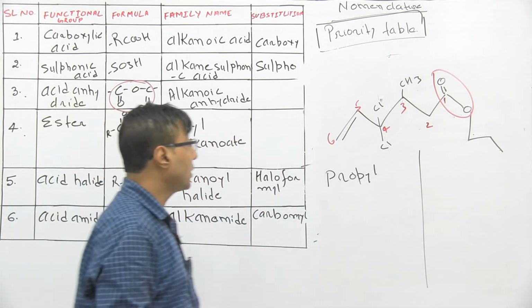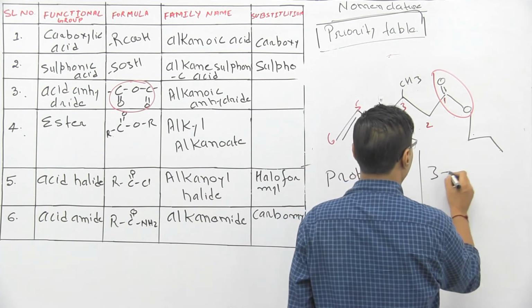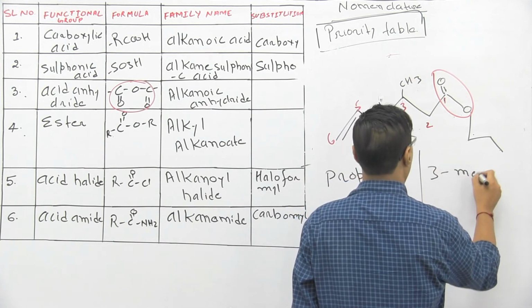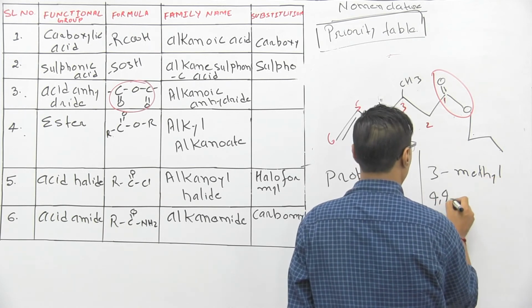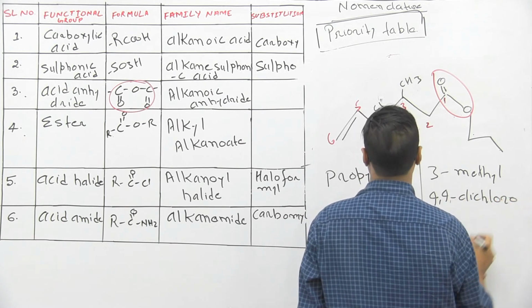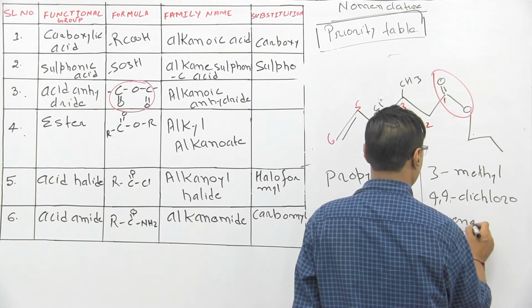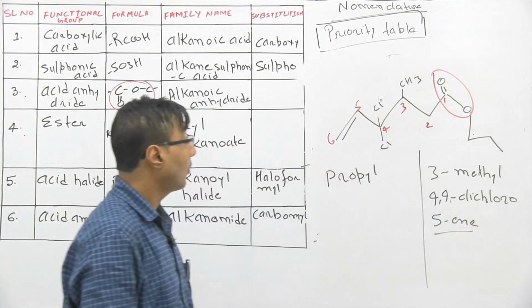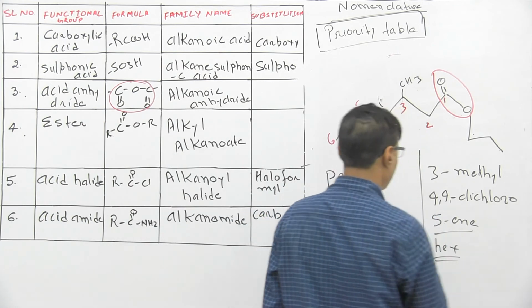How many substituents are there? 3 methyl, 4 dichloro, 5 ene, and the root name is hex.